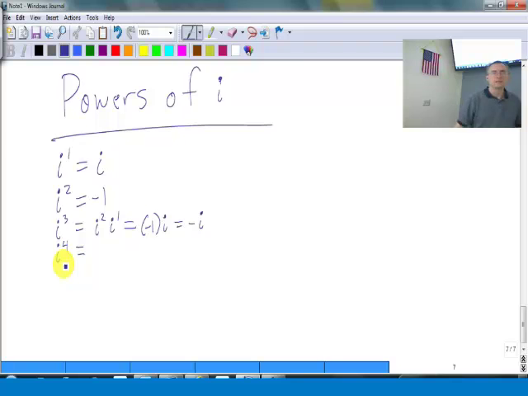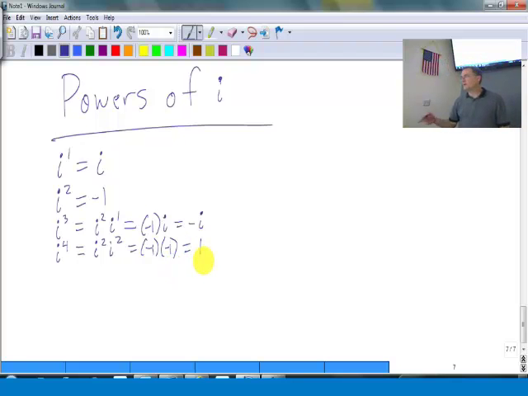More powers of i. i to the 4th power. Various ways we could do this. We could say 3 plus 1, but I'd rather say 2 plus 2. Because i squared is negative 1, and the other i squared is negative 1, and negative 1 times negative 1, there we go.